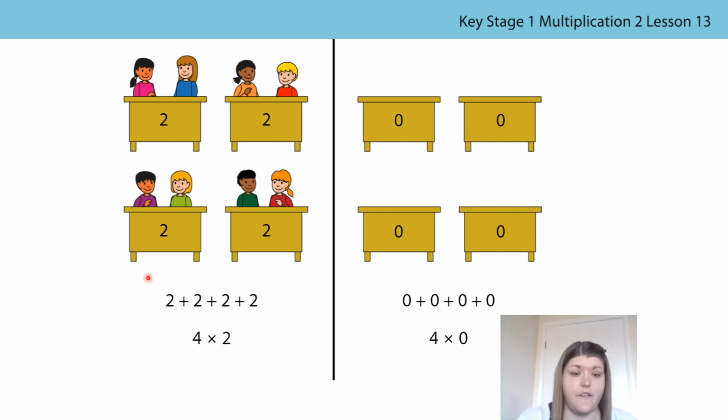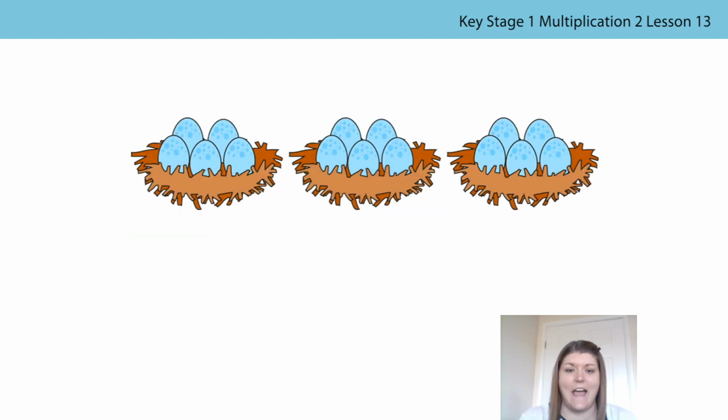Can you see that over here? 4 groups with 2 in, so we wrote 4 twos, to having 4 groups with 0 in. So we wrote 4 times 0, 4 zeros. I hope that makes sense for you. Let's have a look at another question. Got some nests with some eggs in.